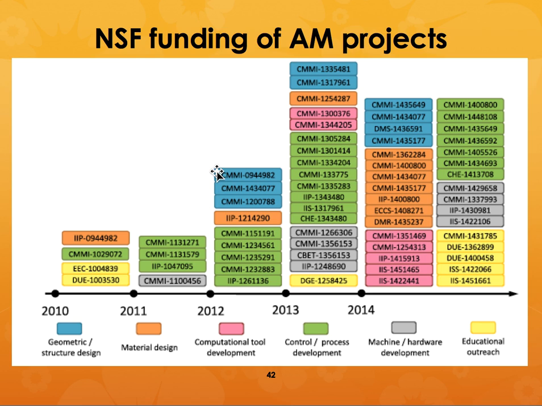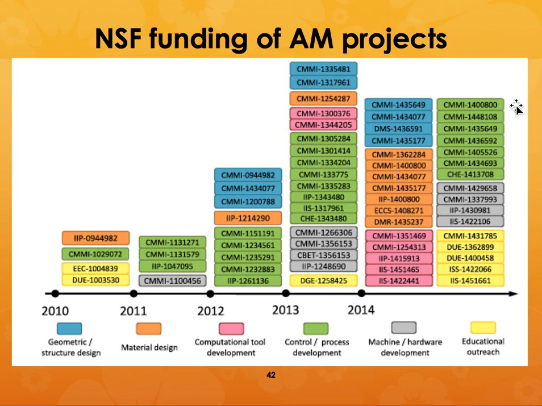These are the individual project numbers from National Science Foundation. You can see that in 2010 they funded 4, but you see these. And these are the different kinds of areas in which National Science Foundation, which is one of the prime funding agencies in this country, has funded projects related to that.